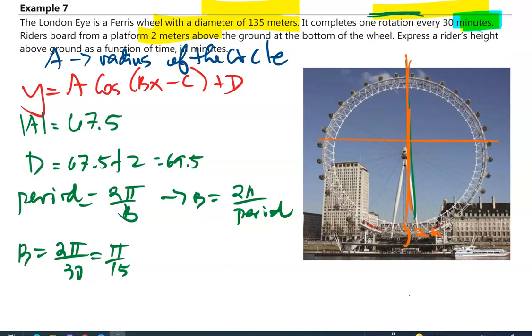So to write our equation here, y is equal to our amplitude. Oh, by the way, express a rider's height above the ground as a function of time.